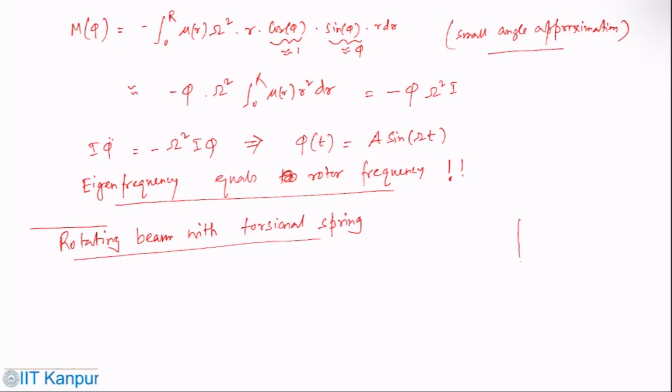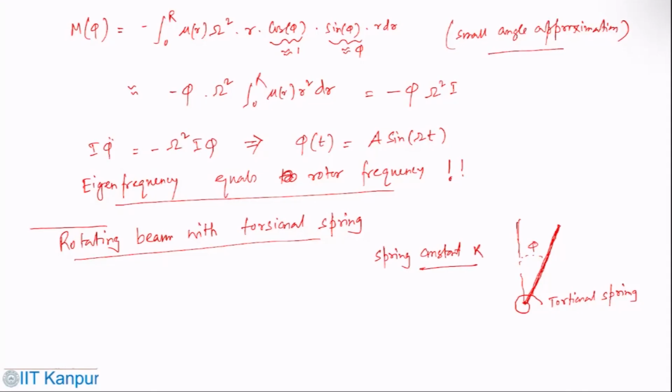So if I draw this, this is angle phi, and this is a torsional spring. Here the spring constant is k.